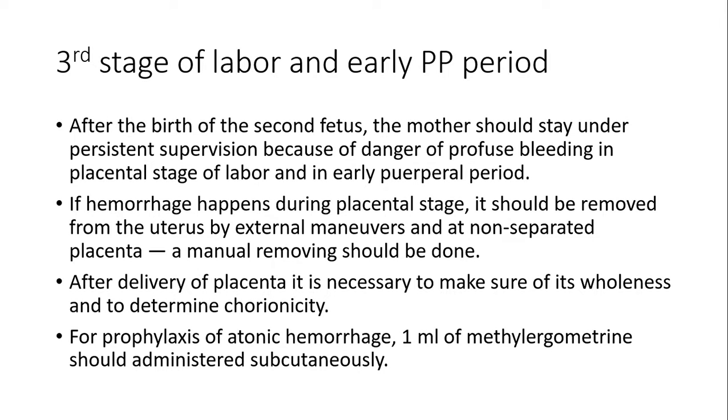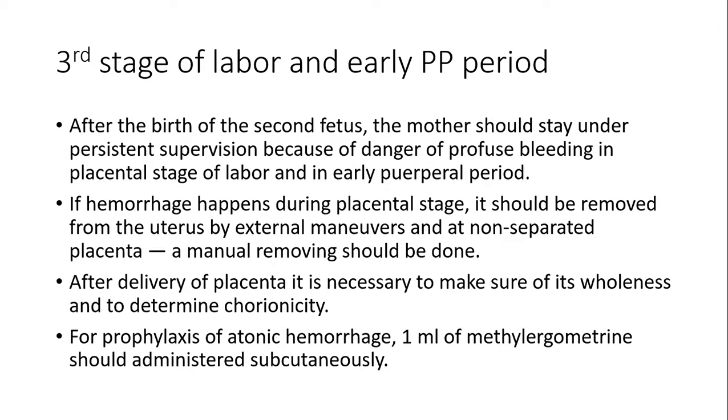Again, the third stage of labor and early postpartum period may be complicated with hemorrhage, massive hemorrhage. You need to control the complete expulsion of the placenta. So you need to control the wholeness and determine the chorionicity.